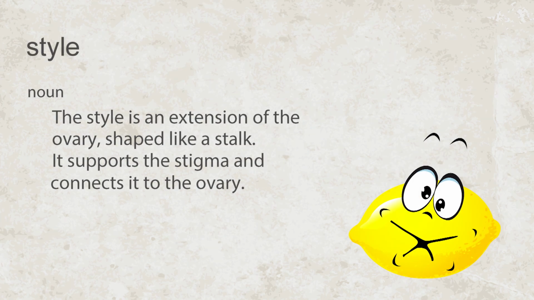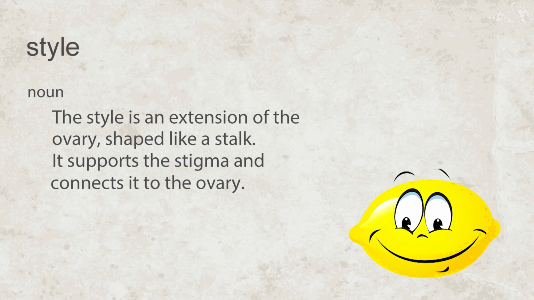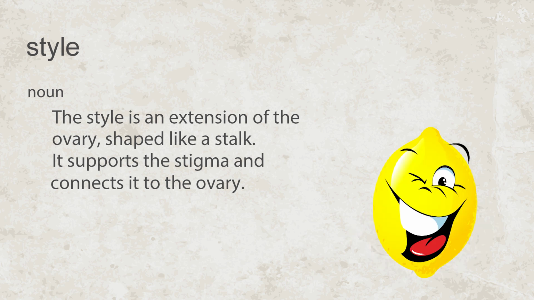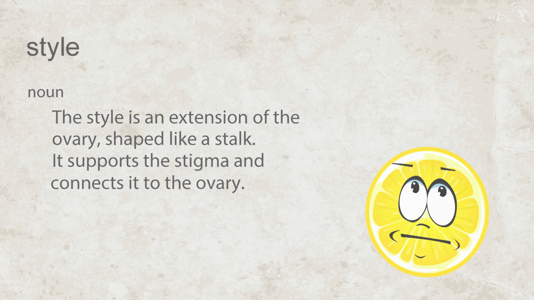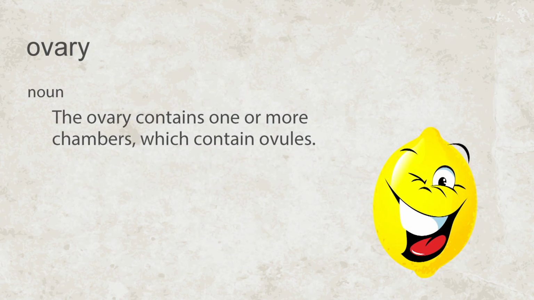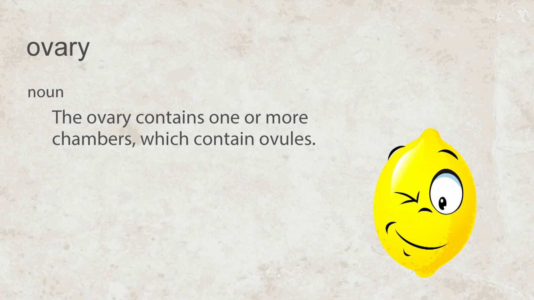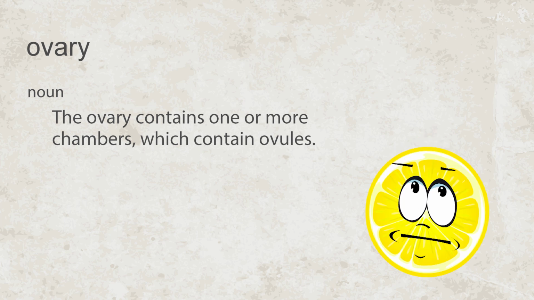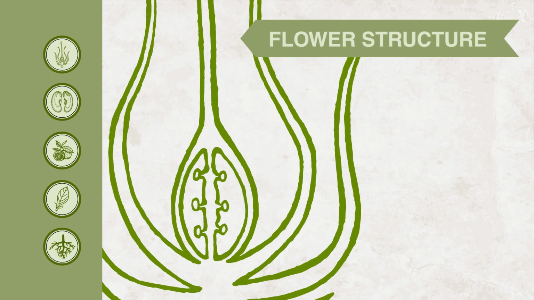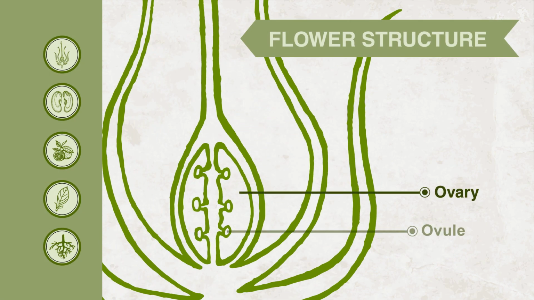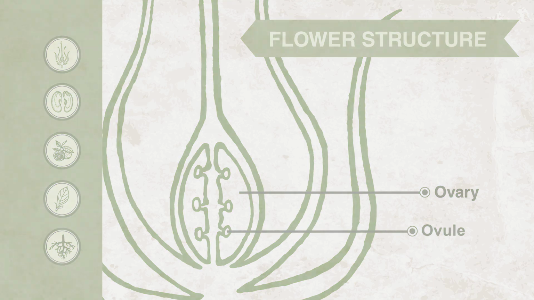The style is an extension of the ovary, shaped like a stalk. It supports the stigma and connects it to the ovary. The ovary contains one or more chambers, which contain ovules. The ovary will become a fruit after the ovules are fertilized, and the ovules will become the seeds.